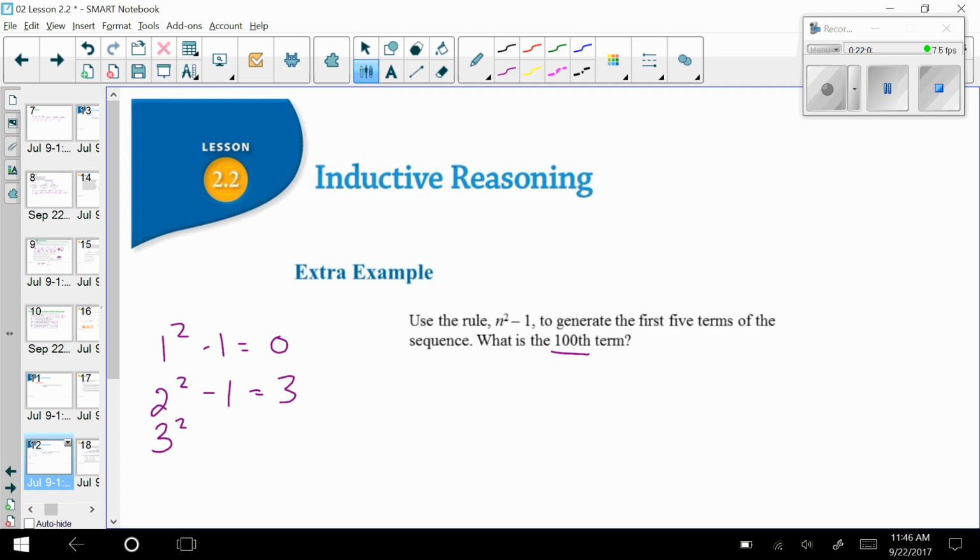The third term is 3 squared minus 1, which is 8. 4 squared minus 1 is the fourth term. And then the fifth term is 5 squared minus 1. What's the 100th term? So on your own, calculate the 100th term.